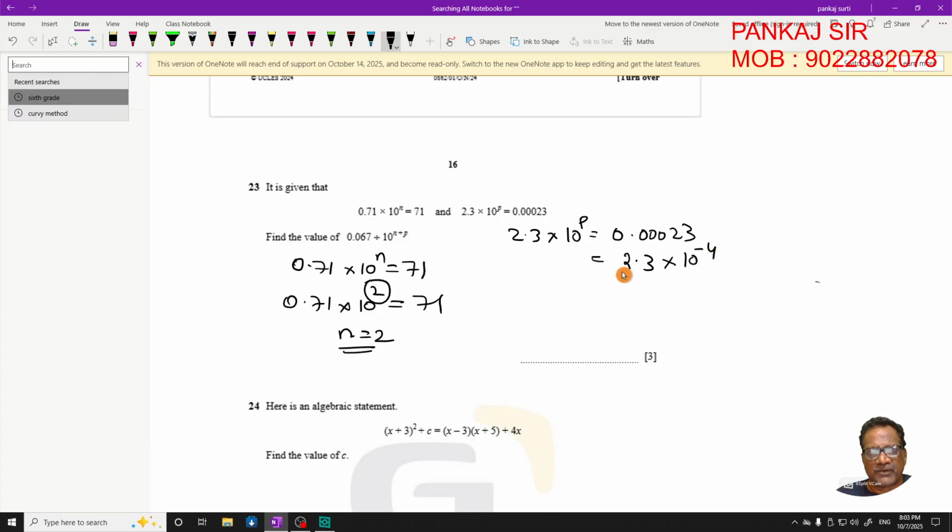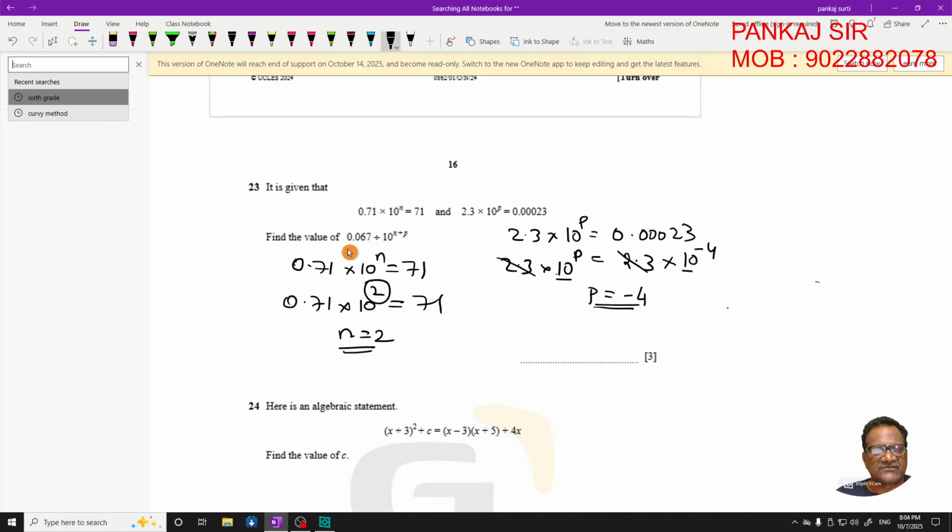So 2.3 multiplied by 10 raised to minus 4 is this number, and this is equal to 2.3 into 10 raised to p. This 2.3 gets cut. Now we are left with 10 raised to p is equal to 10 raised to minus 4. The bases are the same, so the index will also be the same. So p is equal to minus 4.